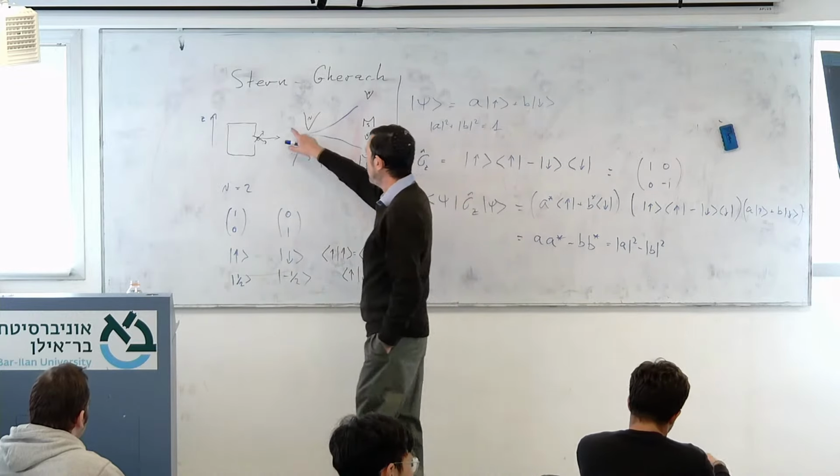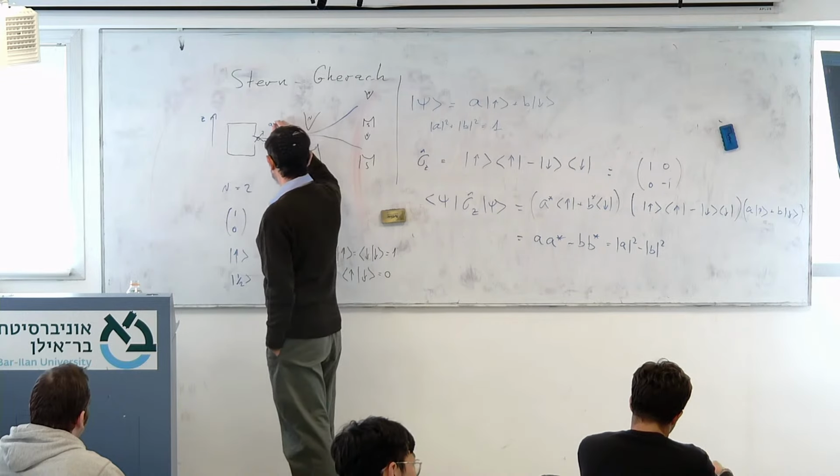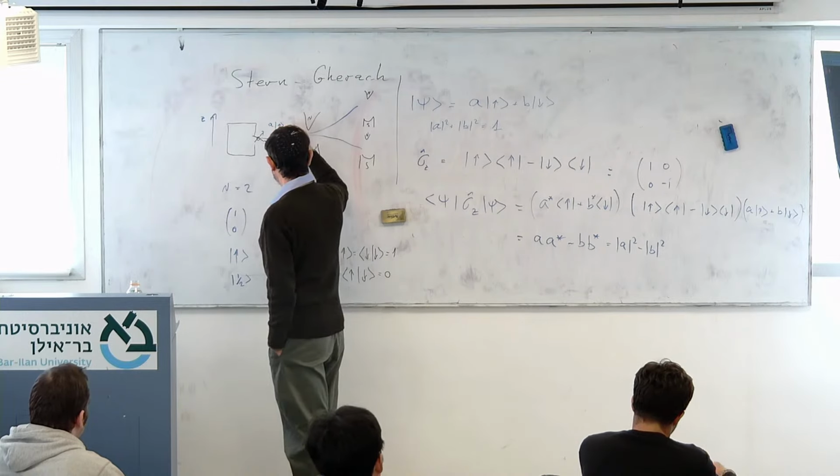So while here I had no idea, except for normalization, what is the structure of the wave function, here I already know that if it went to here, it must be spin up.